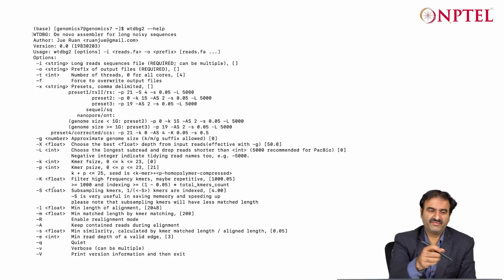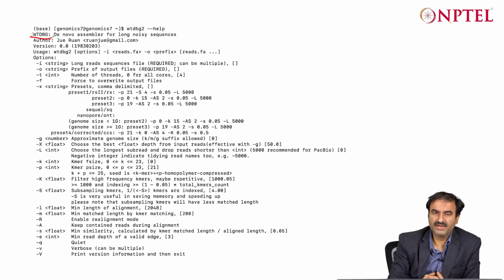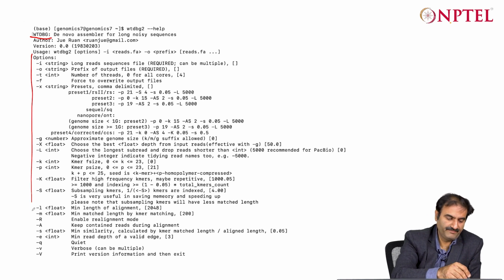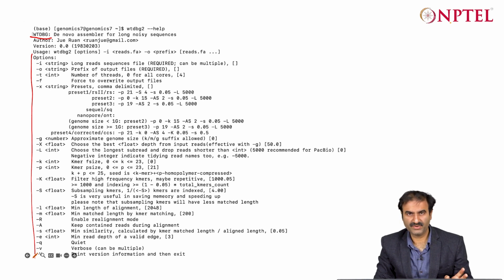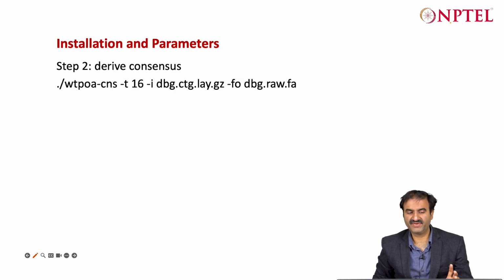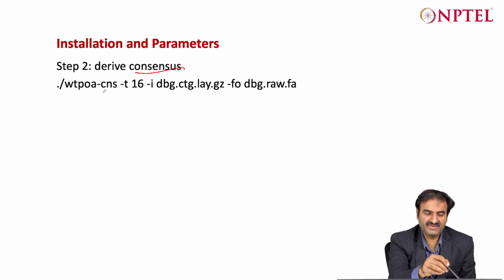So for the first step, wtdbg, the de novo assembler, these are the options which are available. I have told you the standard command that is used, but you can also try other options to fine tune or improve the assembly. In this second step, when you are building the consensus, the command changes a little bit.